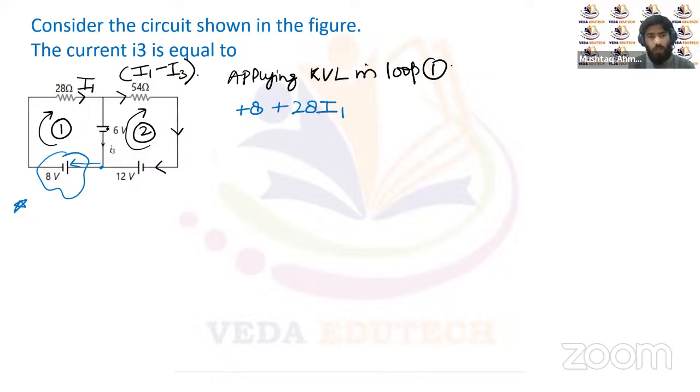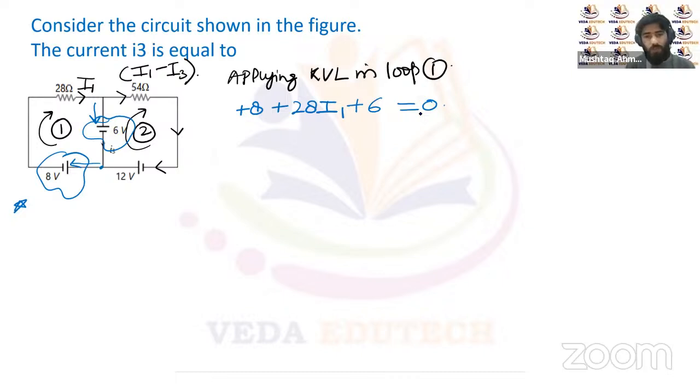Now I will come in the downward direction and once again face the positive terminal of this 6-volt battery, so I'll take it as +6, and that will be equal to 0.